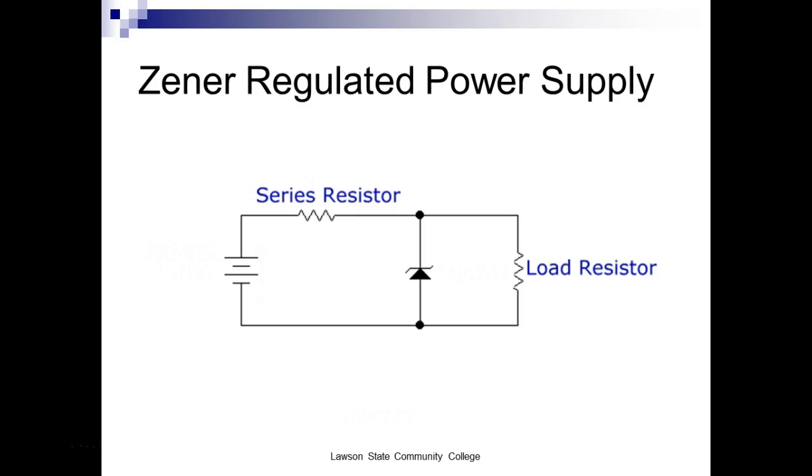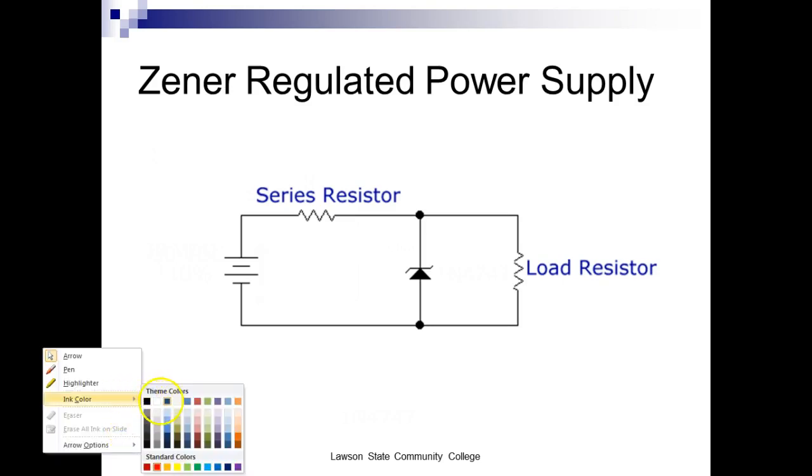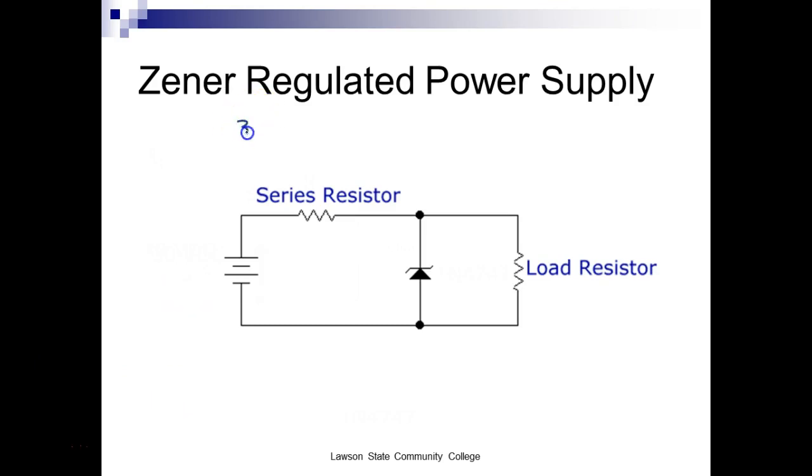So what's my input voltage? 30 volts plus or minus 10%. So 30 volts times 0.1, right? Would be what? 3 volts.